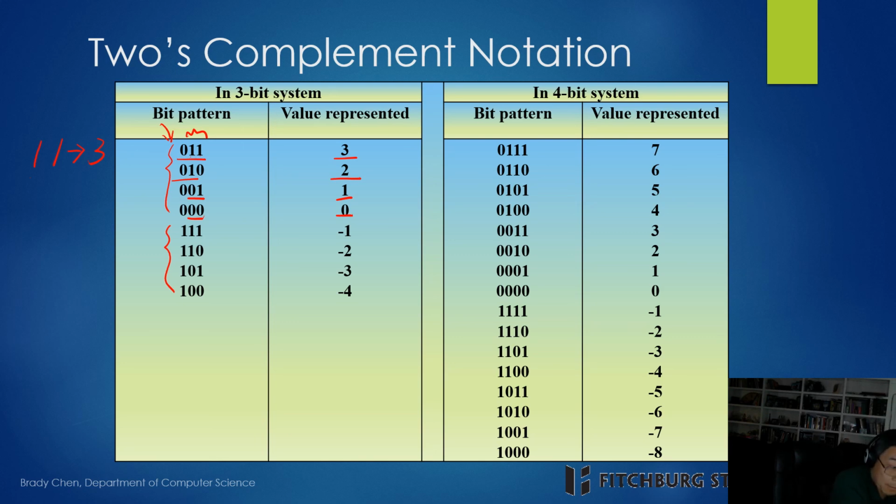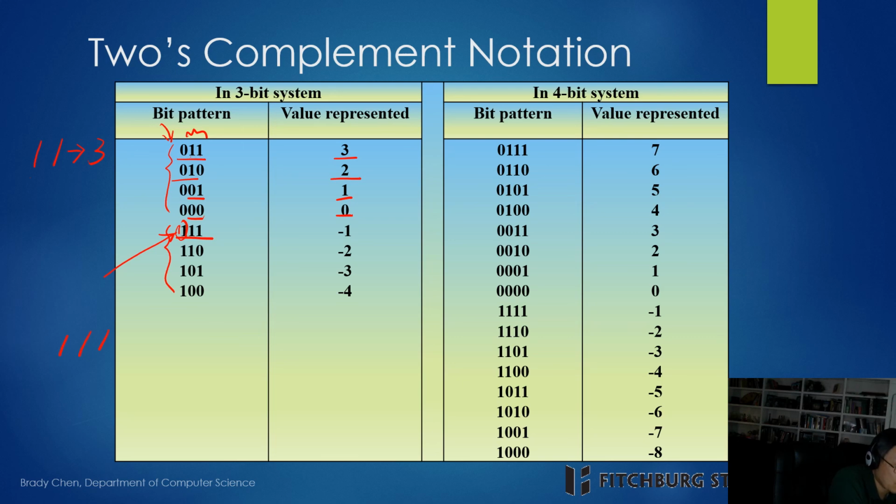The negative side is a little bit tricky. Let's take a look at the first one, 111. We know it's a negative number, because the most significant bit is 1. Now what is the corresponding decimal value? In order to convert to that decimal value, we need to do these steps. So for 111, we need to find the absolute value.